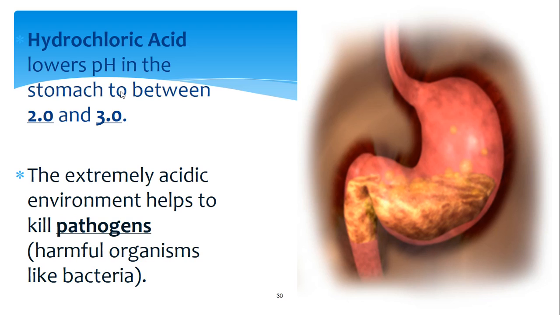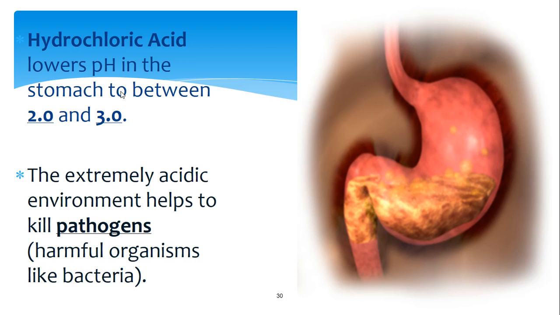Now, many people think that it's the acid in your stomach that actually breaks down your food, and that's not the case. Okay? The acid actually doesn't do much to your food as far as digestion goes. What it does is it helps to kill pathogens. Does anyone know what a pathogen is? Well, I have it right there.